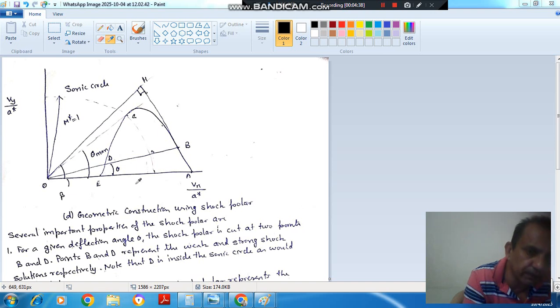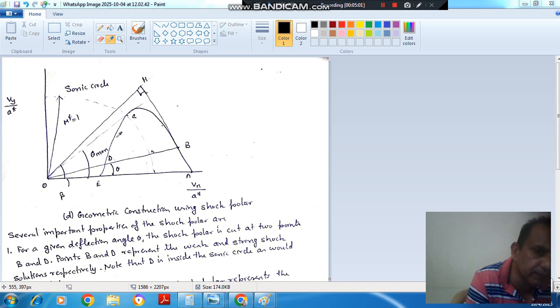Okay. And if we take M star equal to 1 and draw a circle, so this is the circle. So within this circle the velocities are subsonic. So if we take this point D, the velocity is subsonic, it is a strong shock. If we take this point E, it is also subsonic.